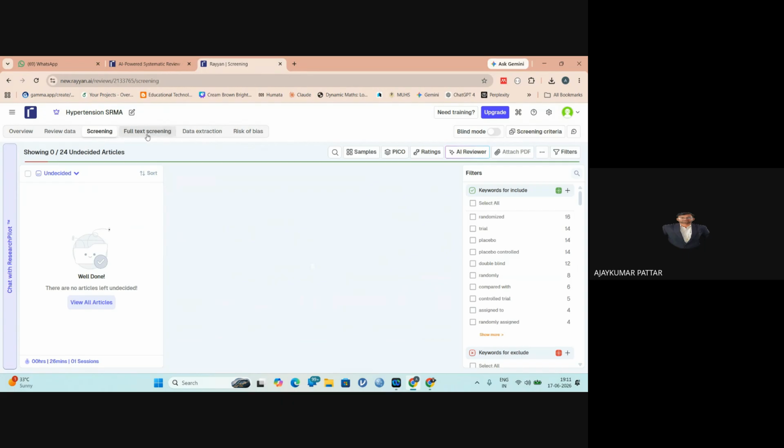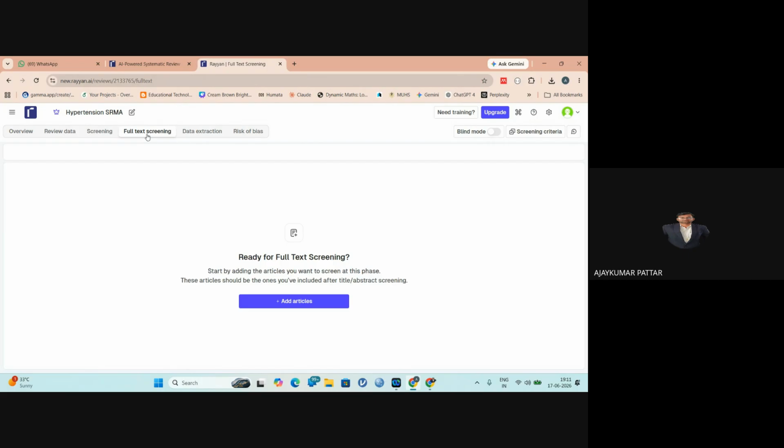So now today we will start with full text screening. I will click on full text screening here. It shows ready for full text screening. Start by adding articles you want to screen at this phase.